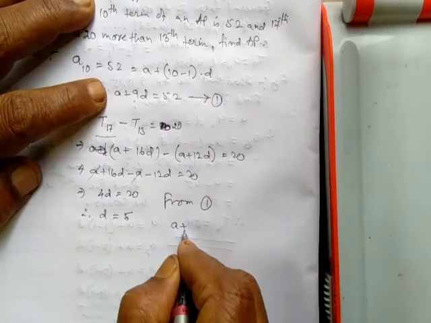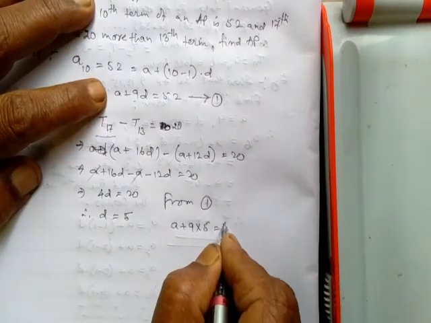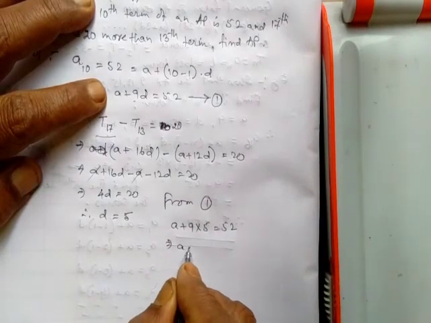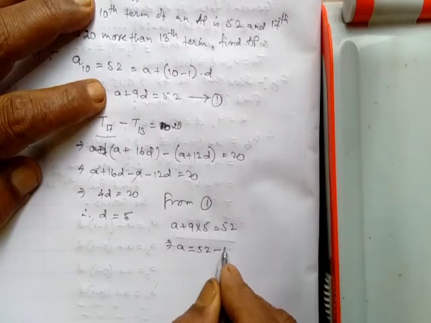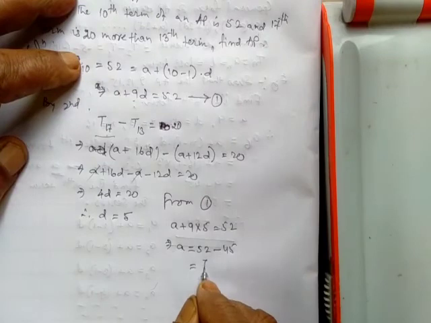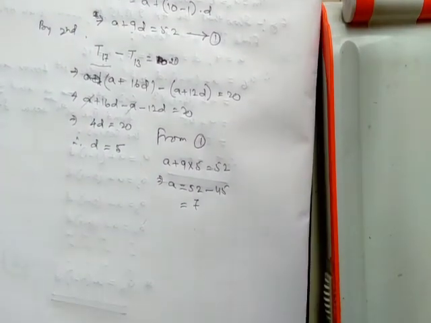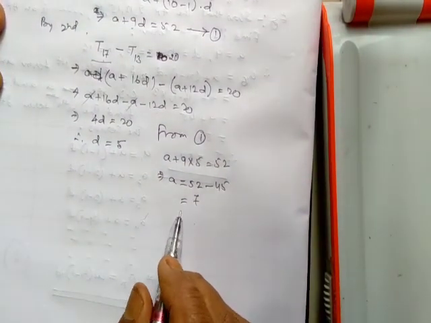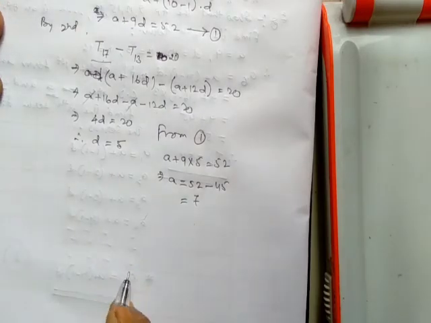Then from equation 1, a plus 9 into 5 is equal to 52. This implies a is equal to 52 minus 45, which is equal to 7. So your first term is 7.